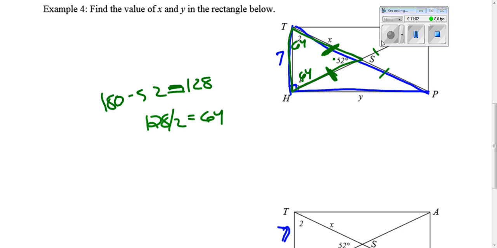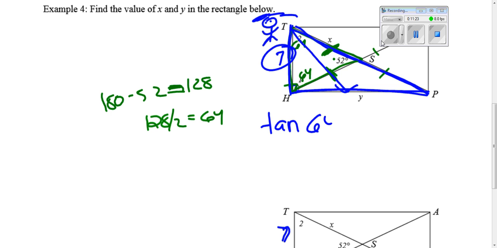Now, I'm not going to look from angle 1 because that's part of that right angle. I still need to be looking at the bigger triangle, the right triangle here. So I'm going to look from angle 2. I know I'm looking for the opposite and the adjacent, not the hypotenuse. So the opposite and the adjacent is tangent.